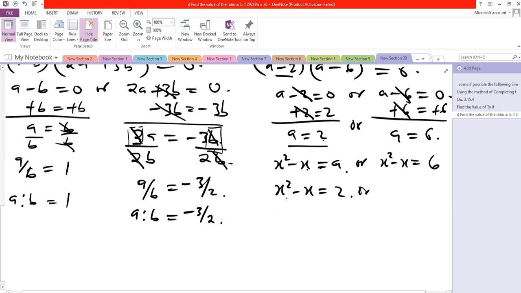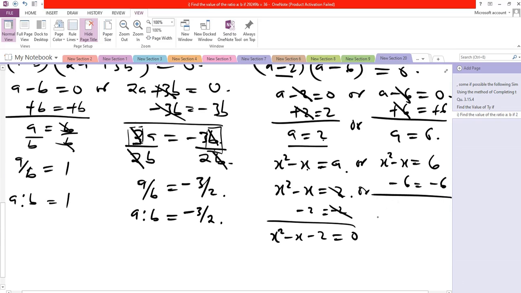To solve this, if you add minus 2 to both sides, this one will cancel out this. Here we are left with x squared minus x minus 2 equal to 0. For this one, if you add minus 6 to both sides, you're left with x squared minus x minus 6 equal to 0.